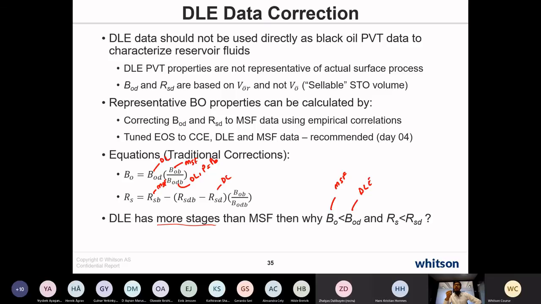And if you have higher temperature, then those components will try to be in the gas phase compared to the liquid phase. So that's why in the DLE, because of the high temperature, you get more of these components in the gas phase, and you lose the recovery of the oil, and you get a higher BOD compared to the BO from the multi-stage separator test.